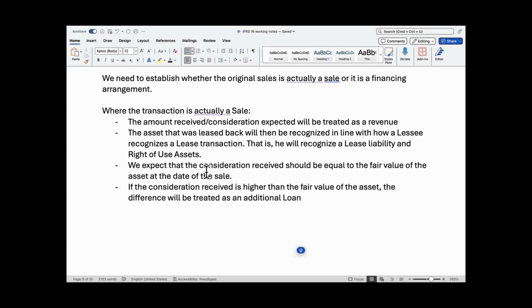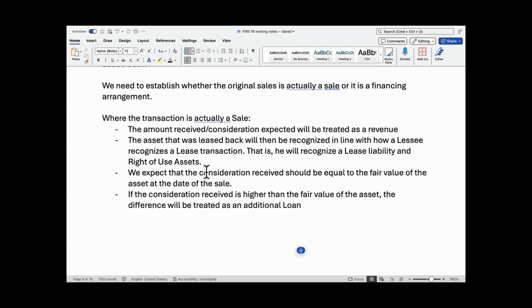So as I was saying, we expect that the consideration received should be equal to the fair value of this asset at the date of sale. If the consideration received is higher than the fair value of this asset, we are going to treat the difference as a loan, even though yes, you have sold.